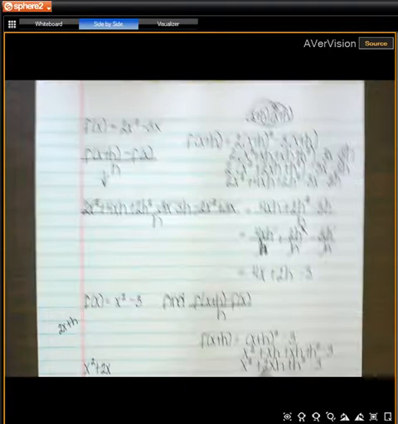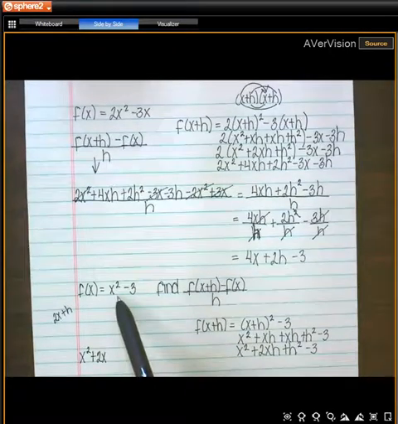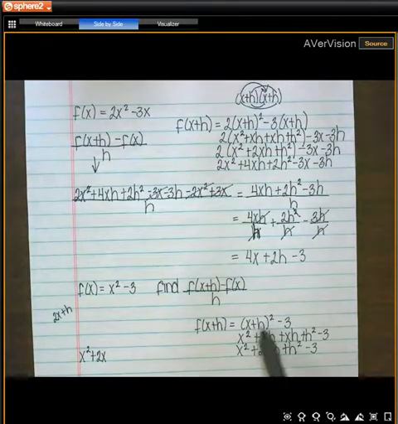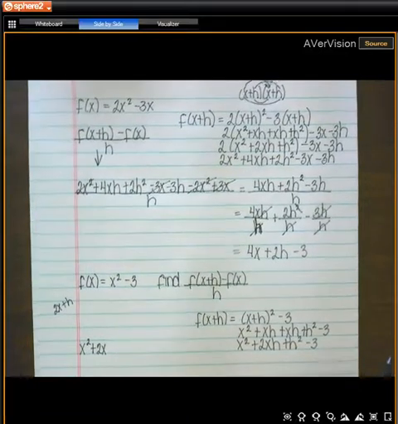But for this one, x only shows up once, so we only had one place to plug it in. Good?